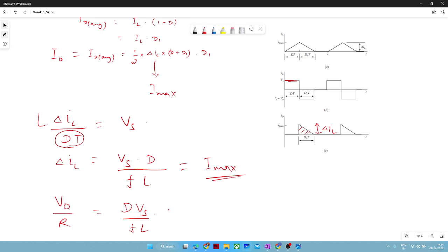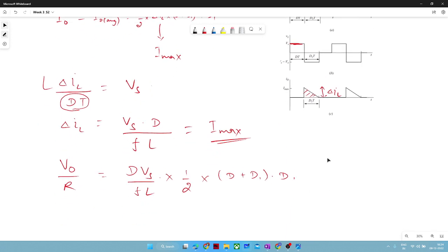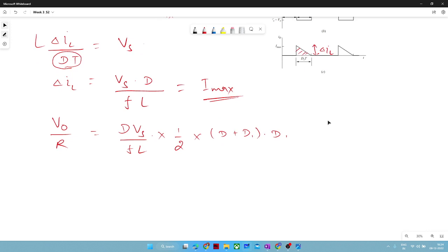And another term was half into D plus D1 into D1. So after you equate this, you will again get some value.